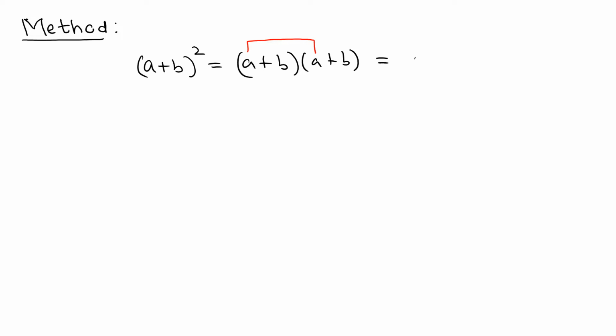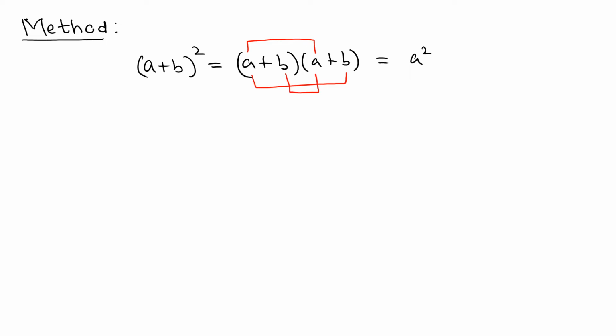So let's talk about the method. The method can start with a familiar identity, and we know that a plus b squared is a plus b times a plus b. So we can distribute this. When you distribute, you multiply with a, so you're gonna get a squared, and then we're gonna multiply a and b, and then b and a.